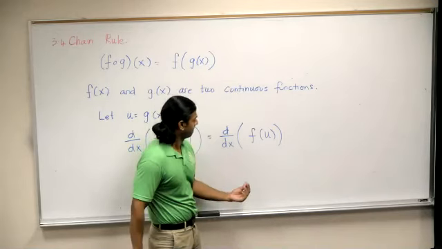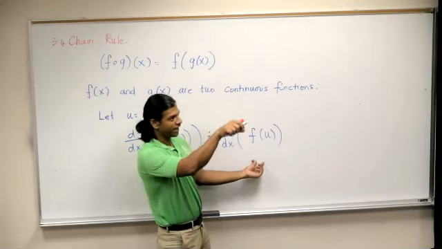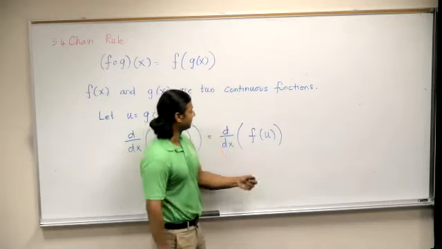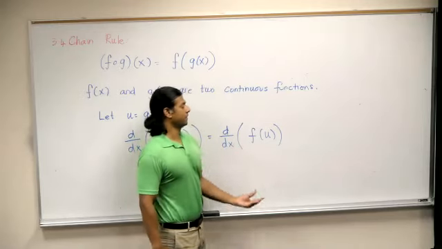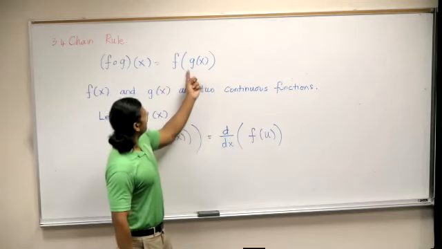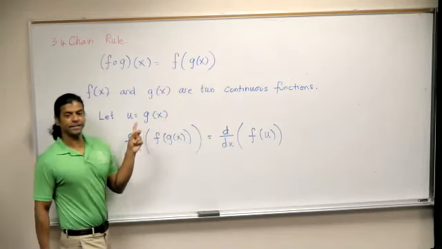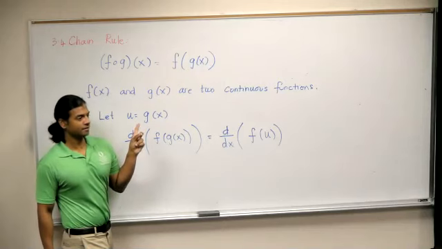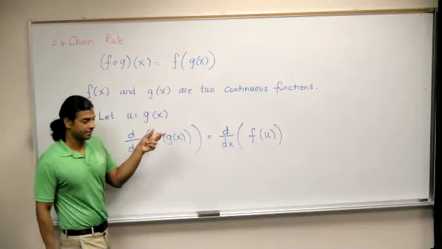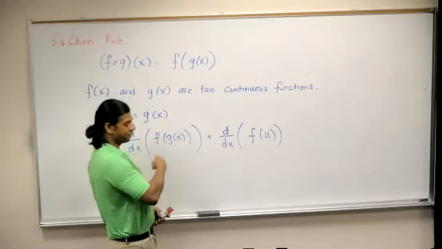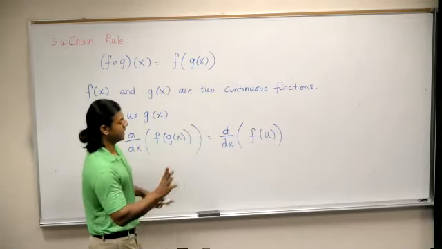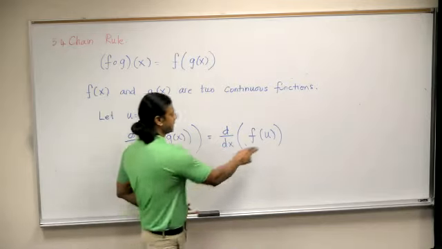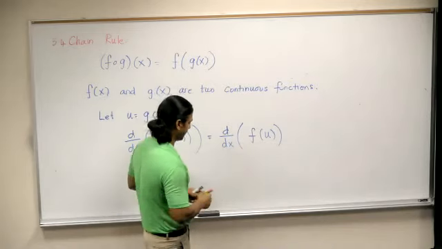So you can't put this directly as 0 because u depends on x indirectly. Correct? U is not a constant. So f depends on u depends on x. So we can't put 0 because u is a function of x.